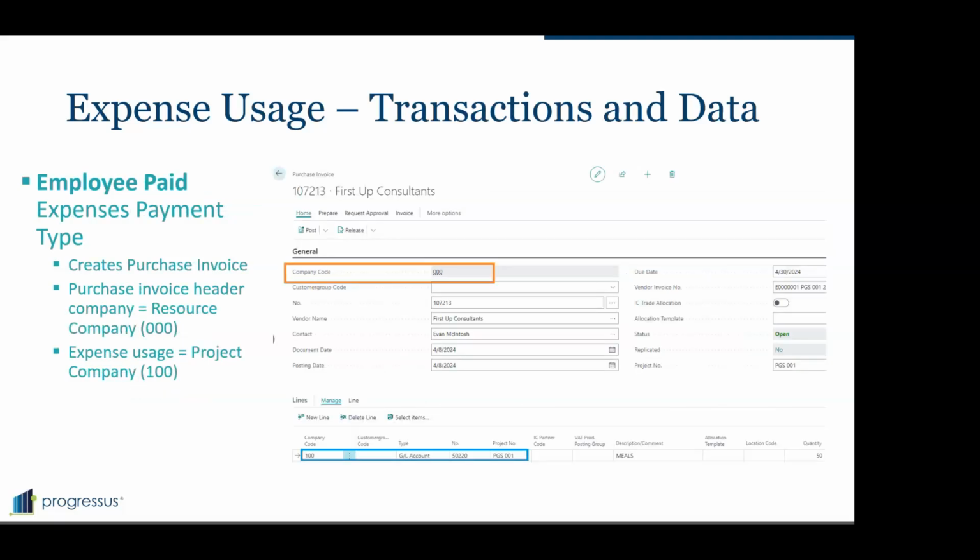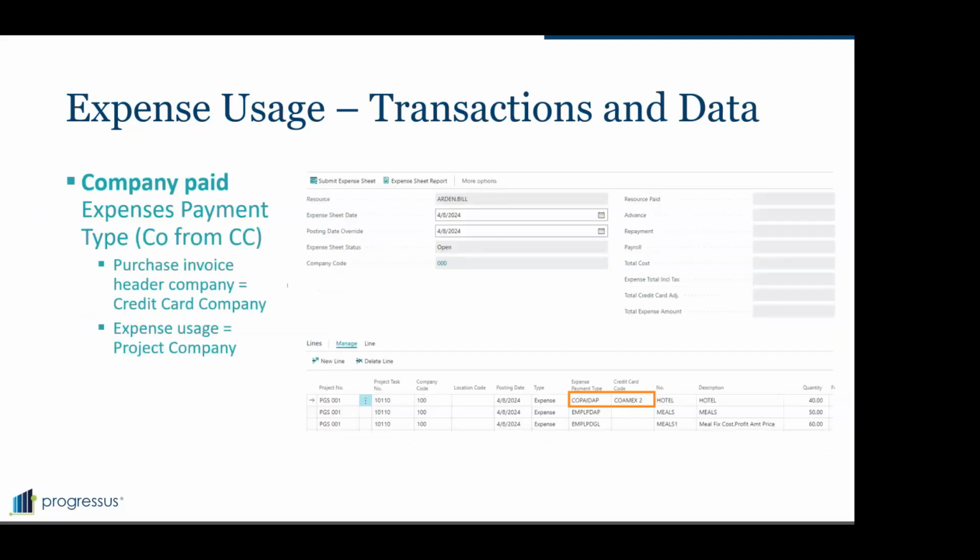This is an example of the purchase invoice. When it was created, you'll see the resource company in the header and the project company in the transaction line. Company paid is a little different. The concept is that you have a credit card that you're going to reimburse, American Express or whoever it might be, and the company credit card may not be the same as the resource company.